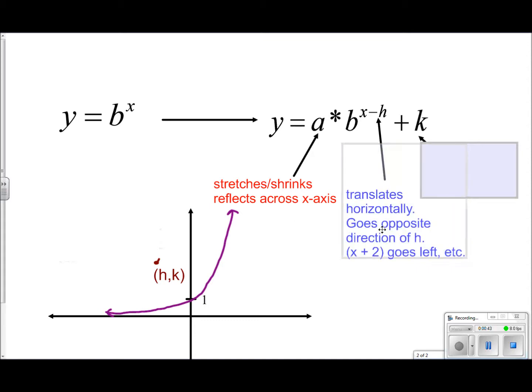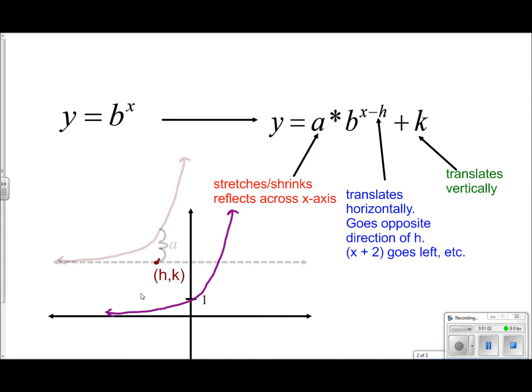The h translates it horizontally. It goes in the opposite direction of h, so an x plus 2 in that exponent would go to the left, and you get the idea. And then the k value translates it vertically, as we've seen many times before. And so the function now, after that transformation, would have picked up and moved.